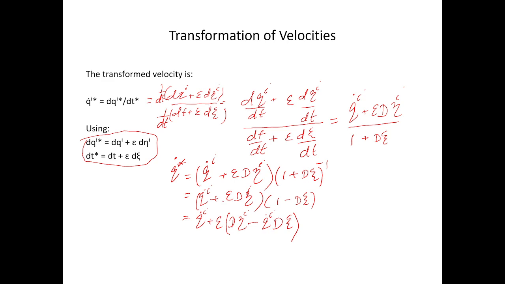The last term gives epsilon squared, and we ignore epsilon squared, since epsilon is a very small parameter.